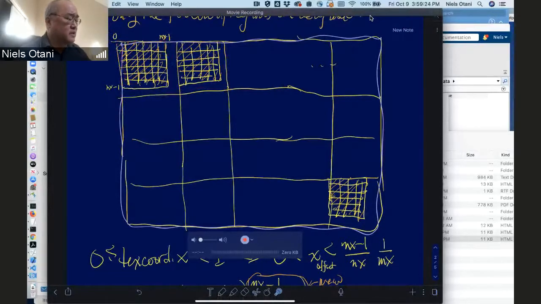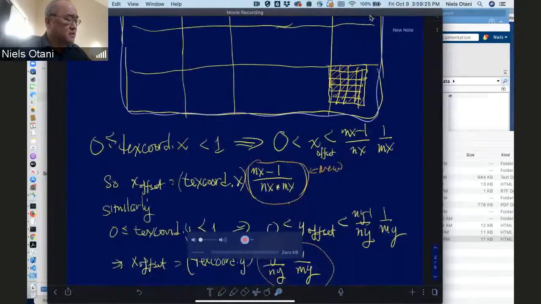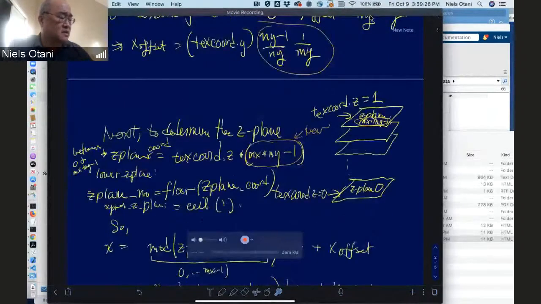Then there was a similar kind of problem going on between z-planes. If you think about your z-planes as being arranged like this in the box, where the z-plane corresponding to z equals 0 is on the bottom, and the z-plane corresponding to the total number of planes minus 1 is on the top, then really the only information we're interested in is in between these z-planes. So you're not interested in data which is sitting up here.